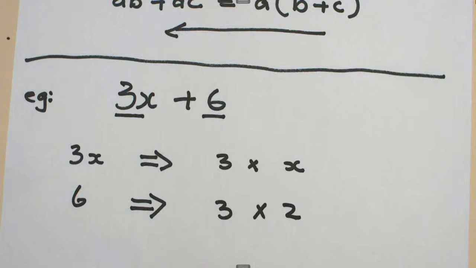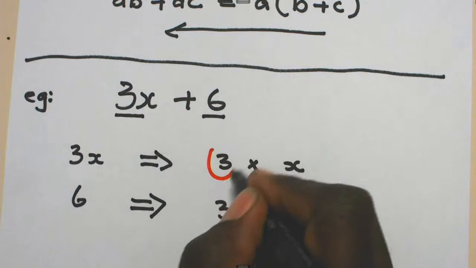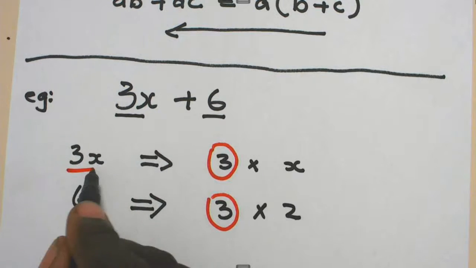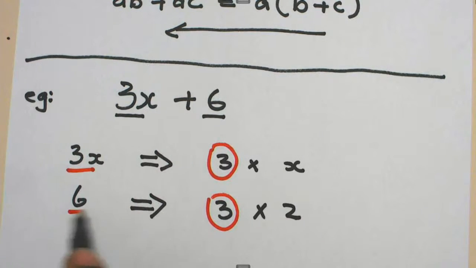You can see from this example that the common factor has been taken out, which is 3 and 3. So we are left with the other factors that, when we multiply them, give the terms 3x and 6.